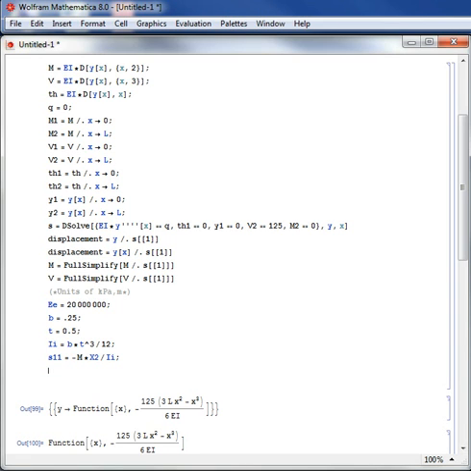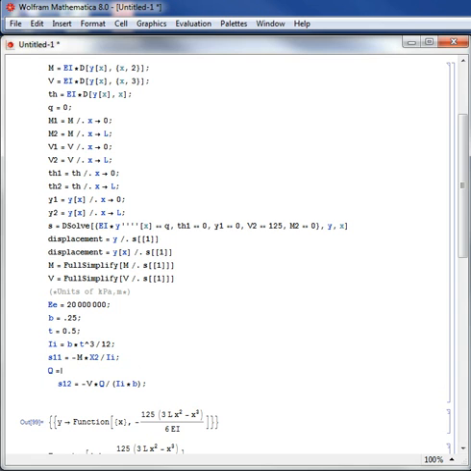The shear S12 is equal to negative VQ divided by I B. So I need a value for Q. Q is given as (T over 2 minus x2) multiplied by B multiplied by (T over 4 plus x2 over 2). So now I have a value for S11 and S12.